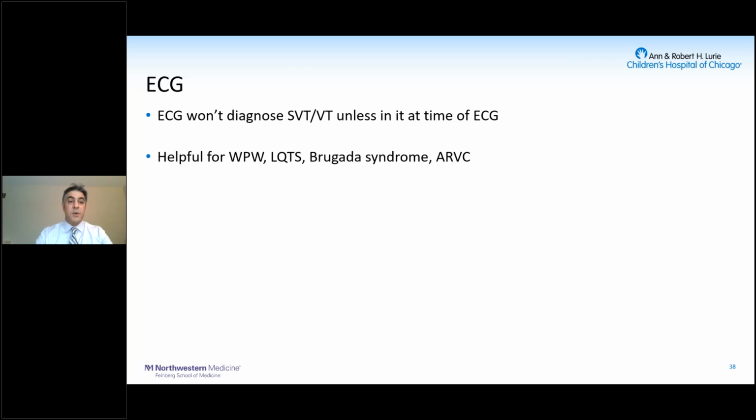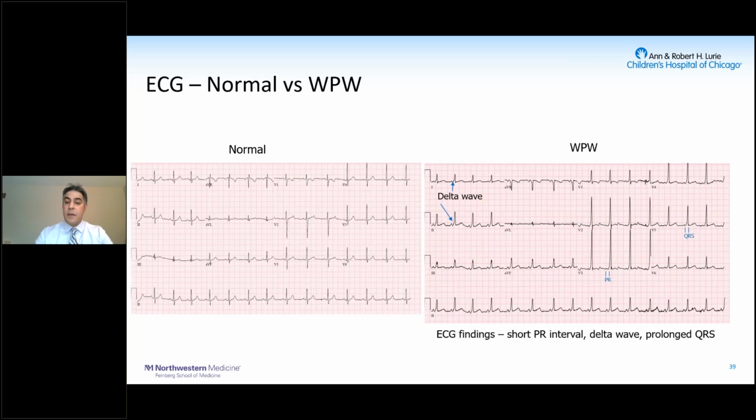ECG won't help you diagnose an arrhythmia unless you're in it, but it will give you clues in certain dangerous entities like long QT syndrome and Brugada that might say someone is at risk for developing ventricular arrhythmias. In the classic ECG for WPW, we can see to the right they have a short PR interval, that classic delta wave, and a prolonged QRS compared to a normal ECG.